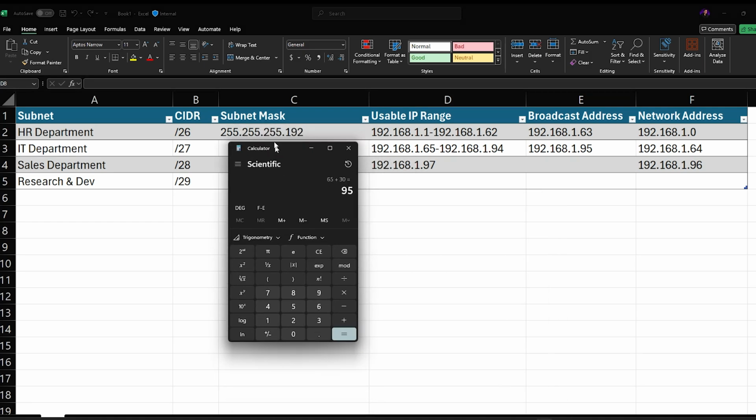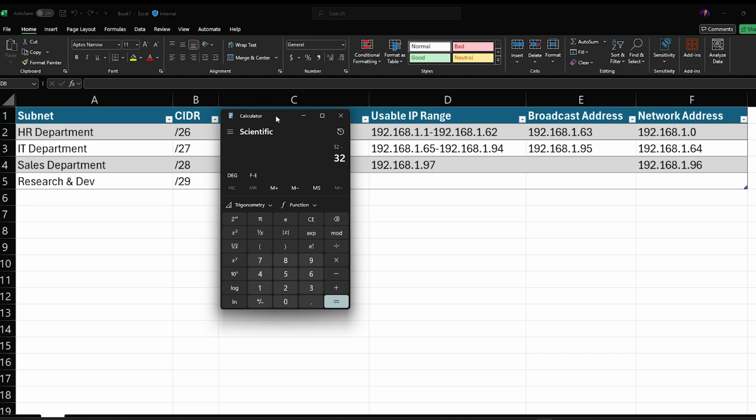Then 32 minus 28, 2 to the 4th power is 16, minus 2 because we're reserving the network address and the broadcast address.